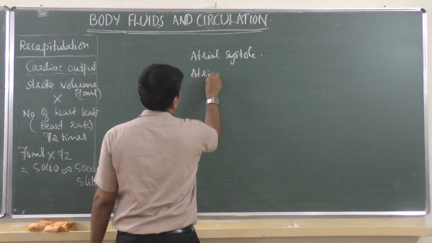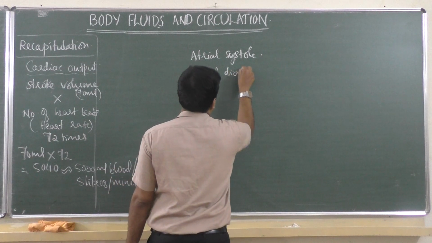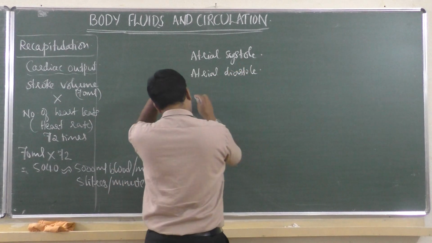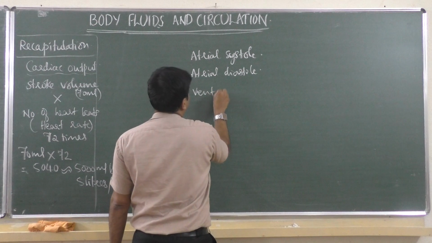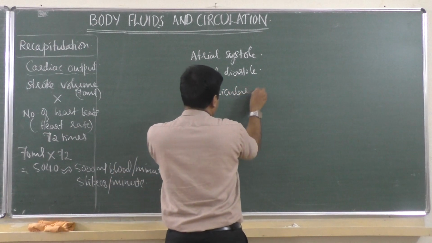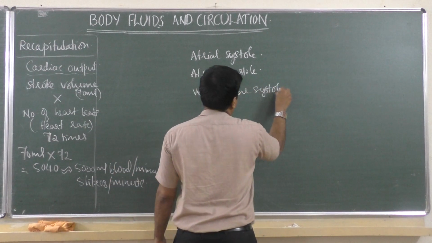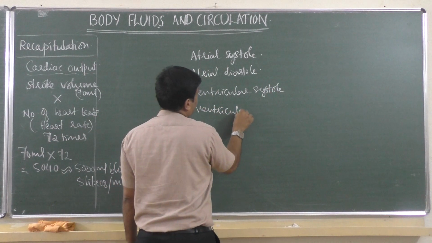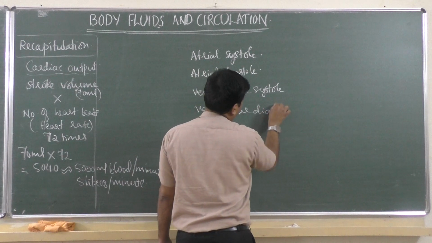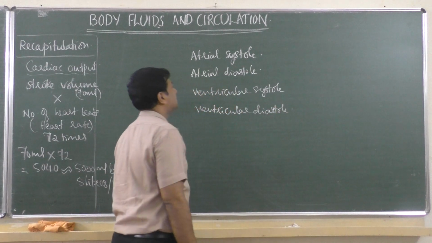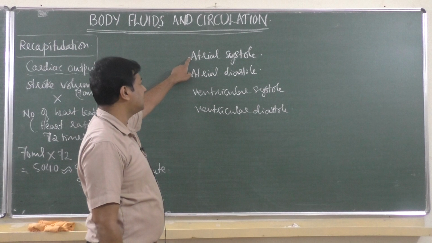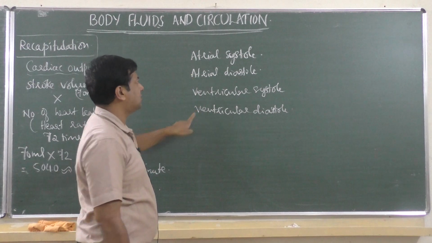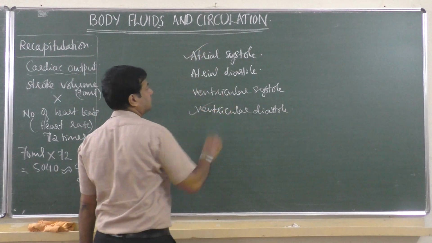Then atrial diastole, followed by ventricular systole, followed by ventricular diastole. Now what happens? When the atria have a systole, the ventricles will have a diastole.